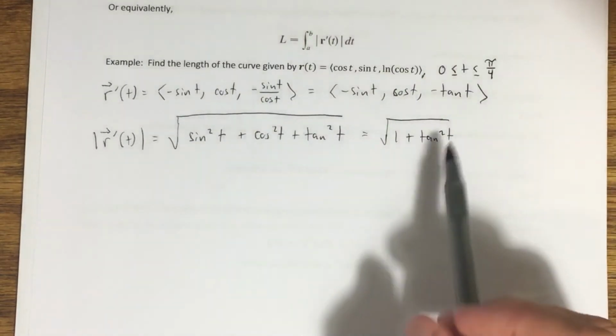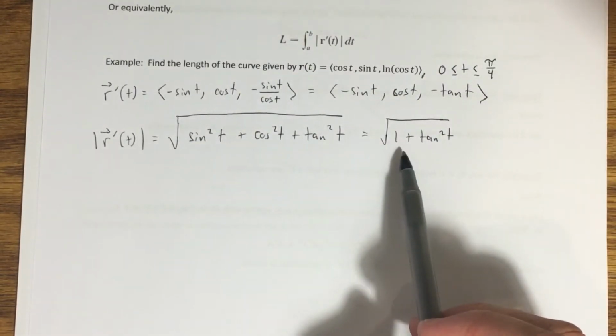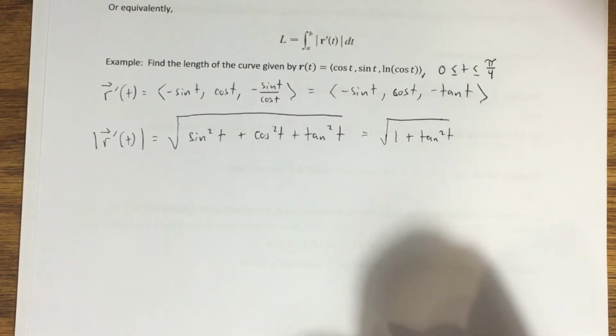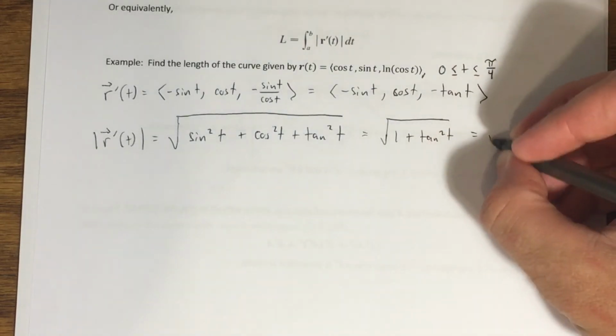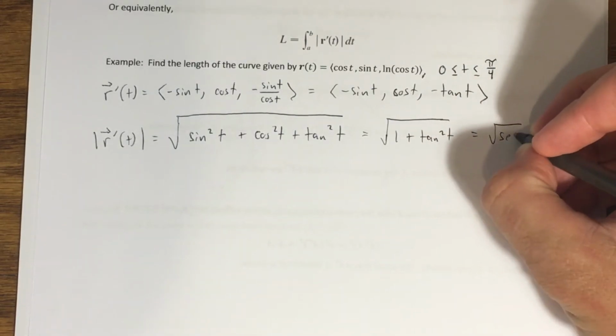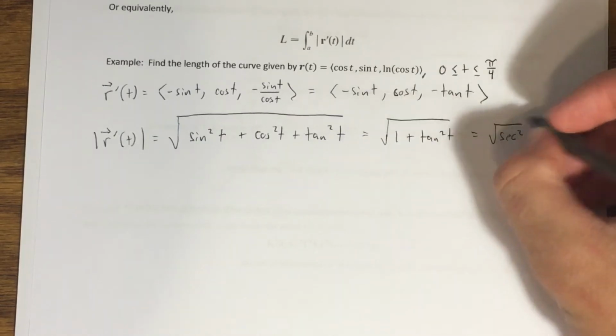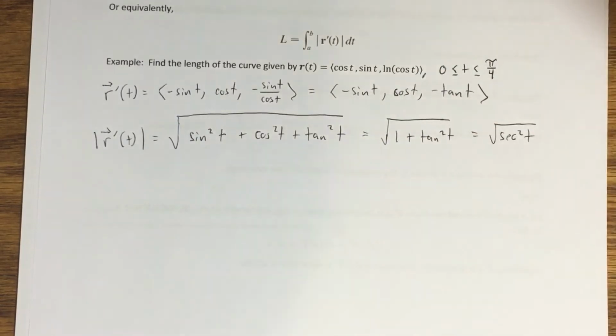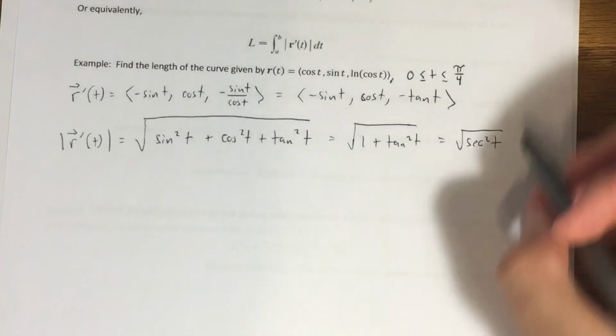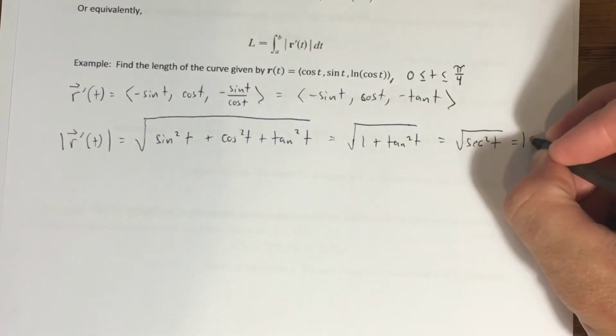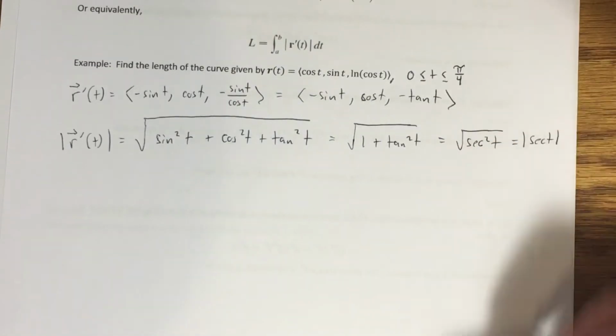And hopefully that radicand looks kind of familiar to you. 1 plus tangent squared is equal to secant squared. We have an identity for that. The square root of secant squared is the absolute value of secant of t.